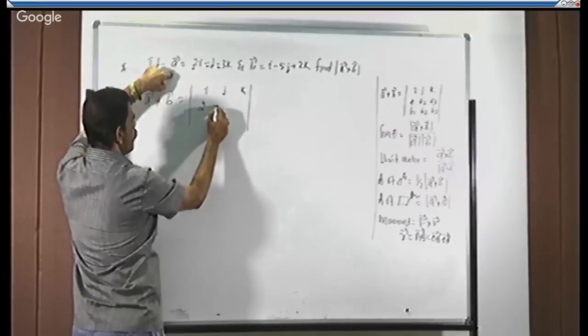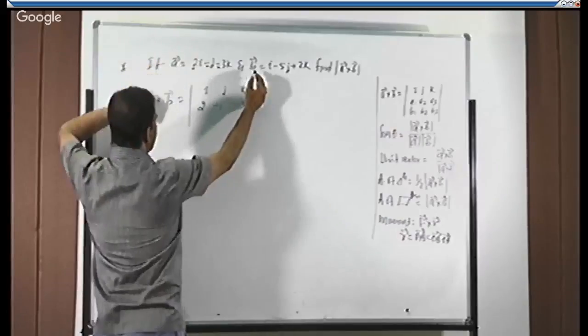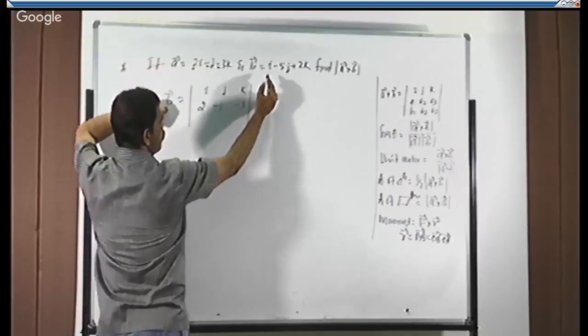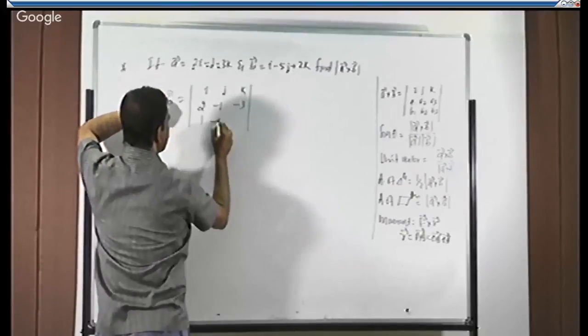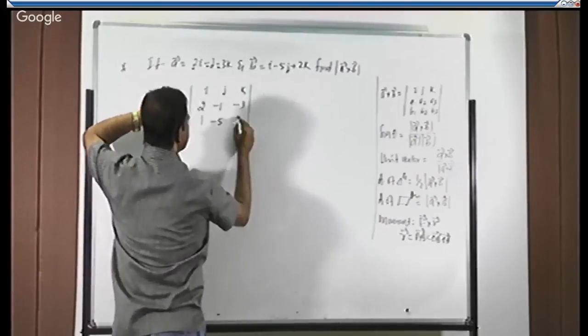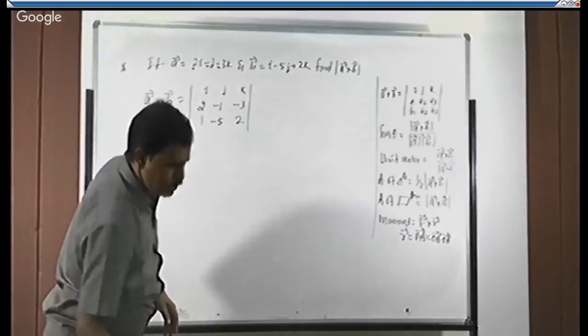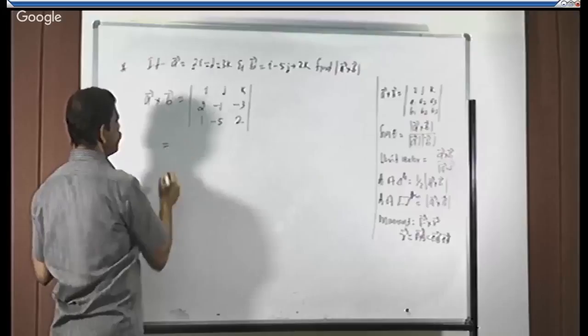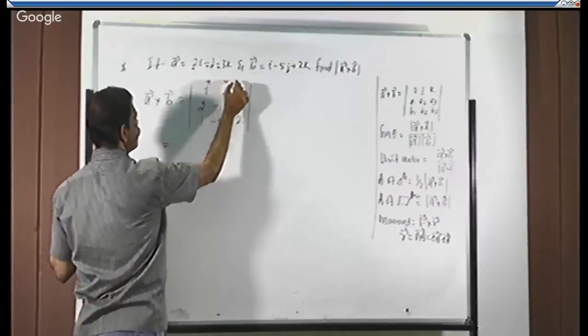The next vector is B, whose constants are 1, minus 5 and 2. Expand it. I explained the expansion procedure. Take alternately plus, minus, plus.